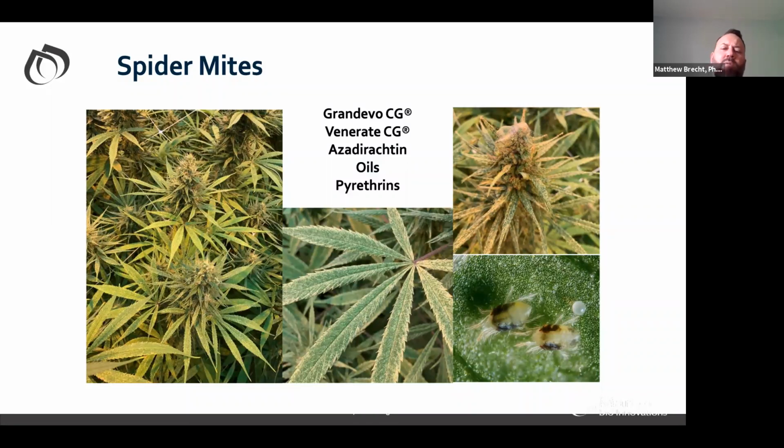Typical spider mite control would be Grandevo CG, Venerate CG, azadirachtin, oils, and pyrethrins. Oils kind of take care of everything, right? So you've got Pure Crop One, you've got Sulf Oil X, you've got neem oil, and a lot of these products work really well.